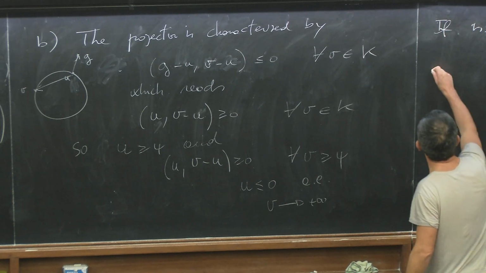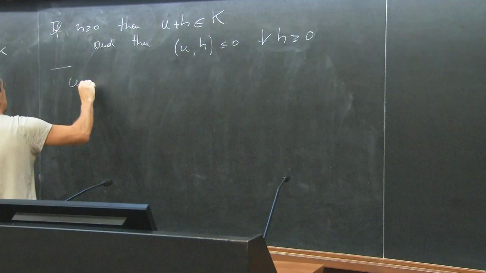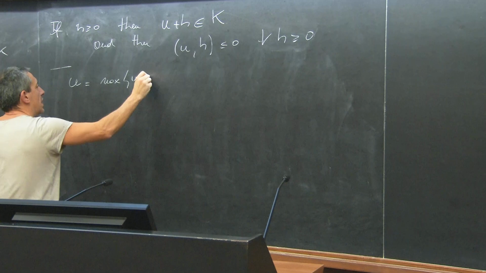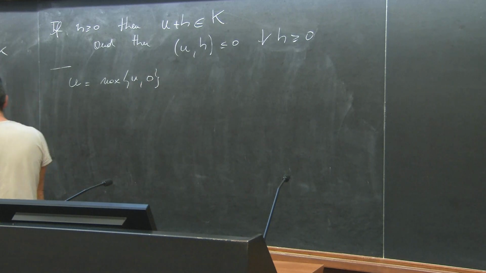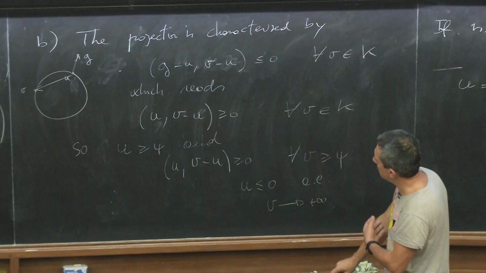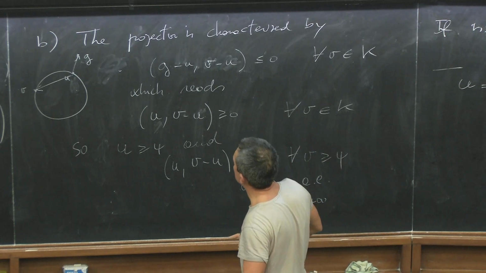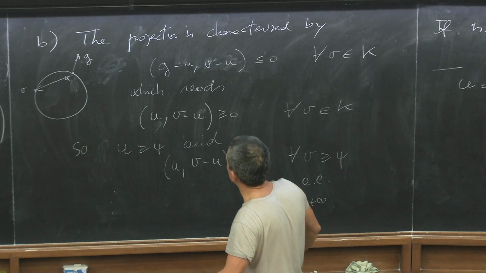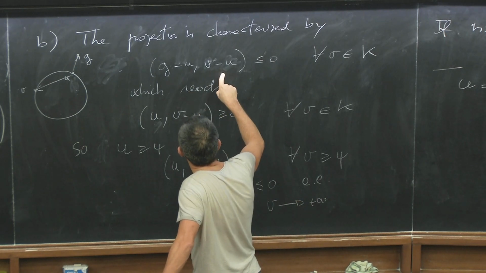Because I know the solution should be u is the max between psi and 0, and I have an inequality in the wrong direction, and I don't see why.